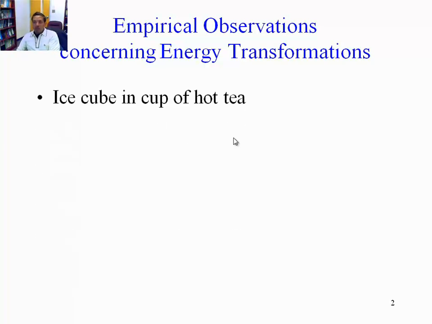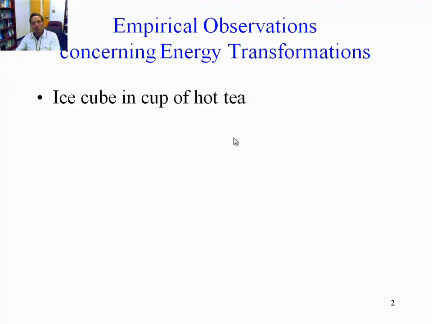If we see, for example, how an ice cube melts inside a cup of hot tea, and we look at that process as a thermodynamic process, and we try to analyze it not from the point of view of how the ice cube actually melts, but how would you actually do the opposite, or can you do the opposite?